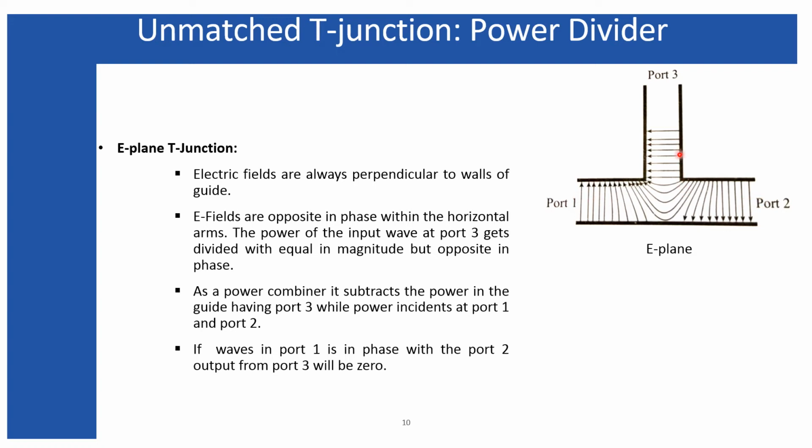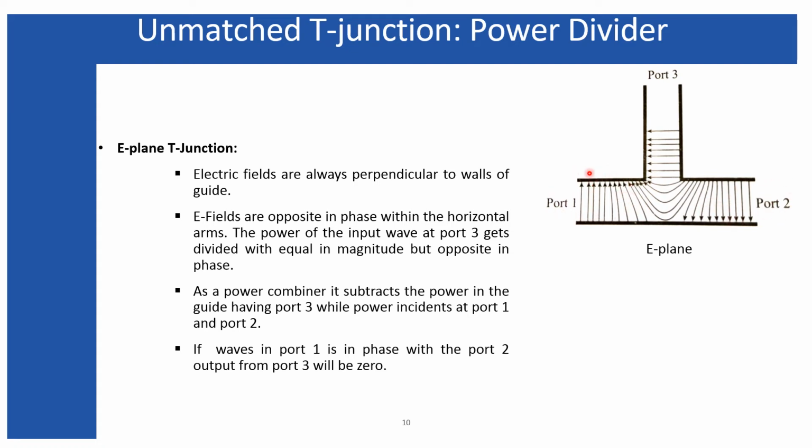Similarly, when you use this E-plane T junction as a power combiner or power coupler, and you are exciting port 1 and port 2 and expecting some power from port 3, the waveguide associated with port 3 basically delivers a power which is a subtracted version of the power available in port 1 and port 2.